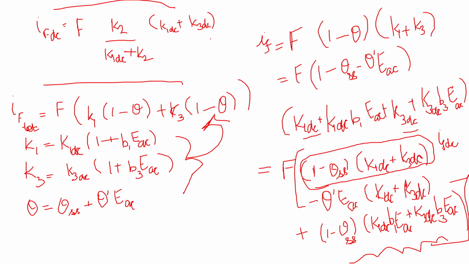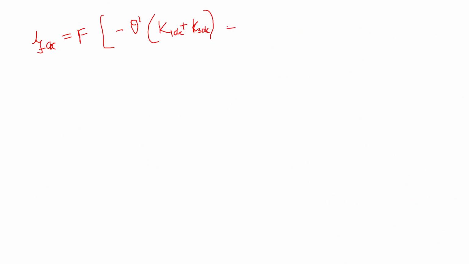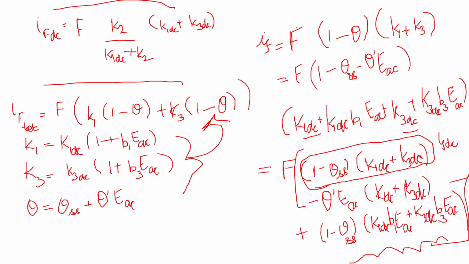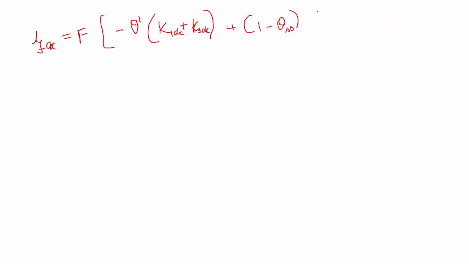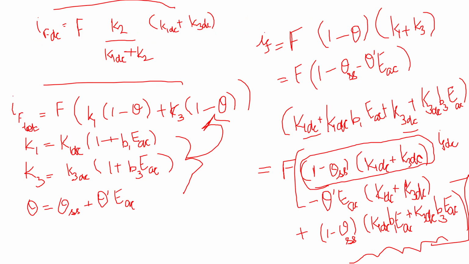Okay, and EAC I'll take out at the end. I'll keep plus 1 minus theta SS, K1 DC B1 plus K3 DC B3.